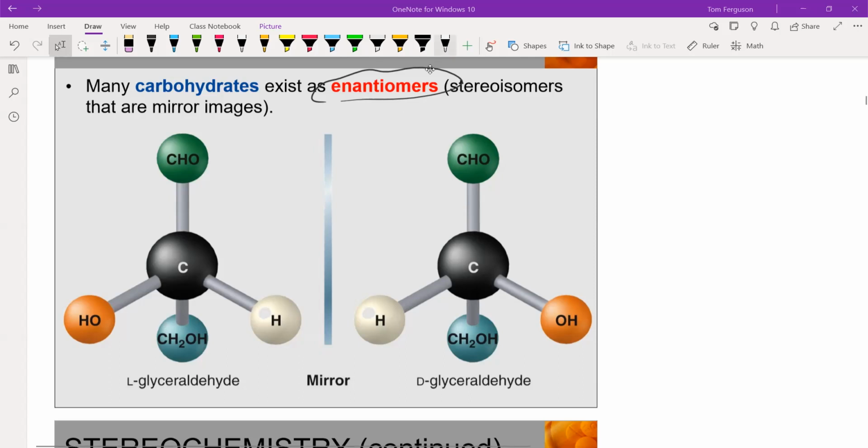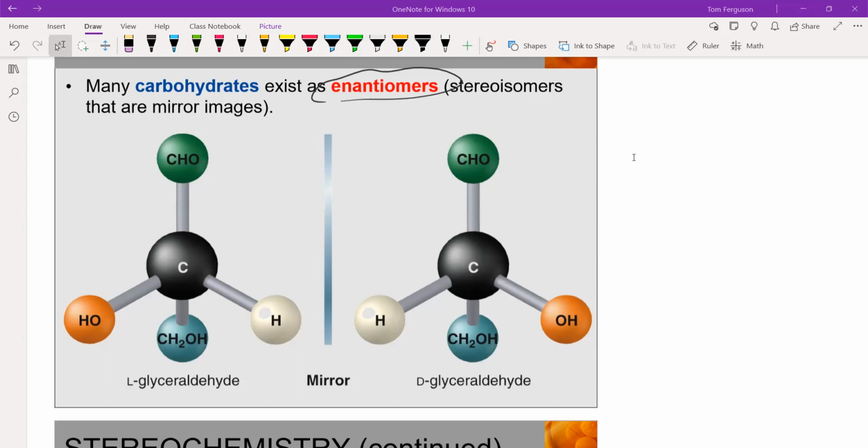Has anyone heard of that? Thalidomide was given to pregnant women in their first trimester for nausea.